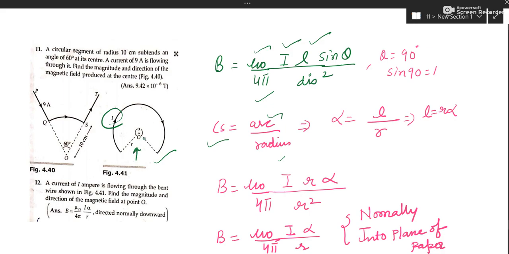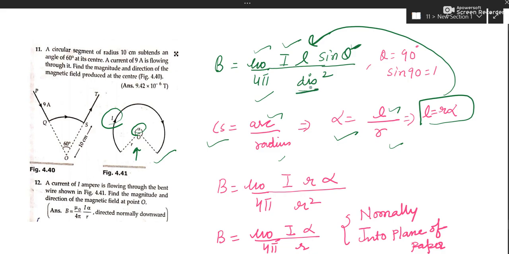This angle we see, which is alpha. L by R, so L is ready. Substitute. Sin is 90 because it is for circular turns and arcs, and this is radius squared, it is R. So you can use the loop rule. Keep your curls along the current, and you'll see it is normally into the plane of the paper.